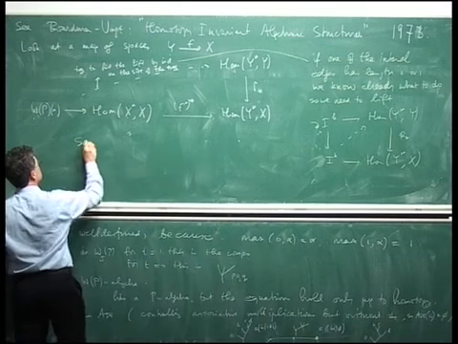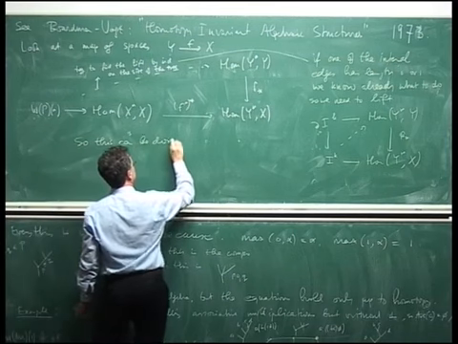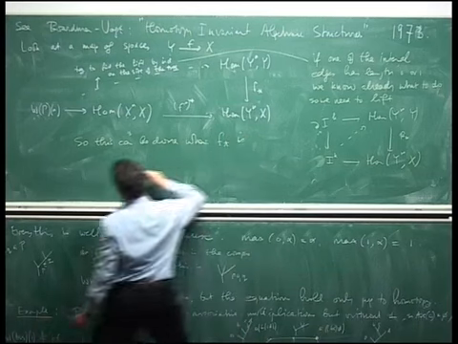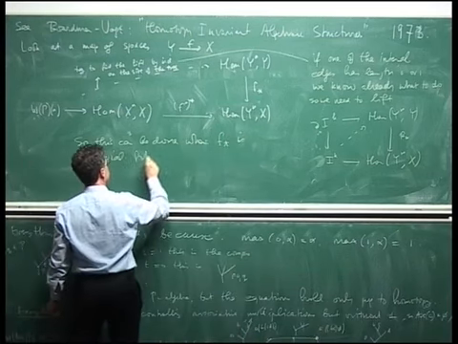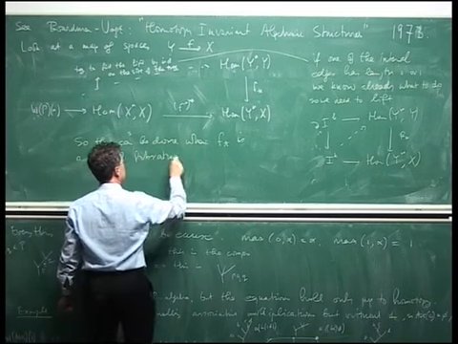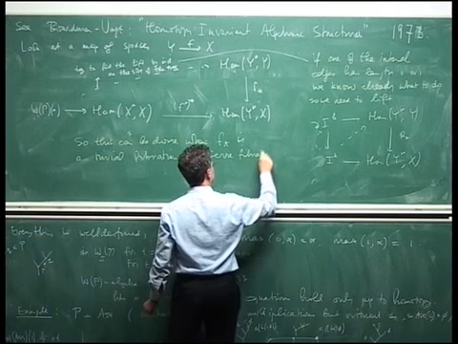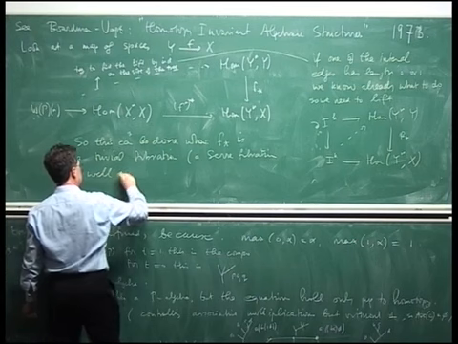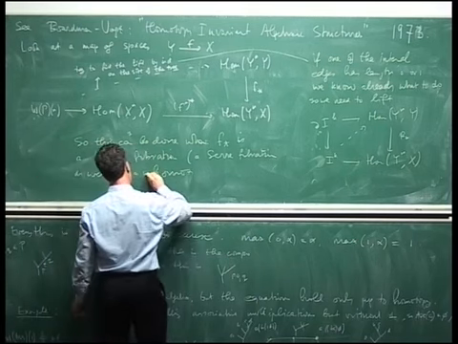So this can be done when f lower star is a trivial fibration, a Serre fibration, as well as a homotopy equivalence, weak homotopy equivalence.